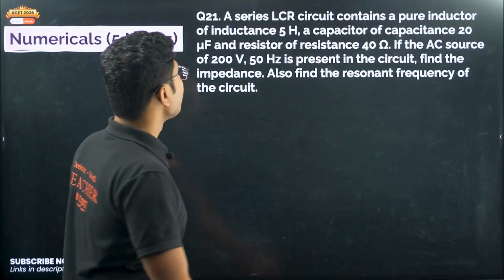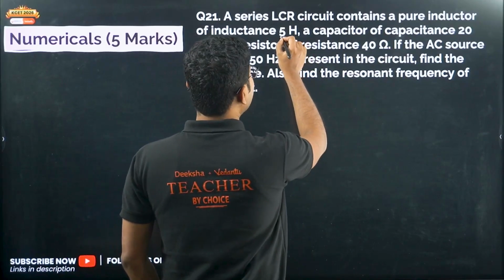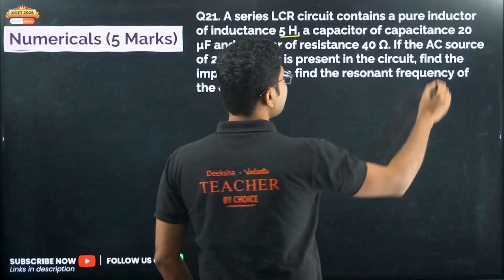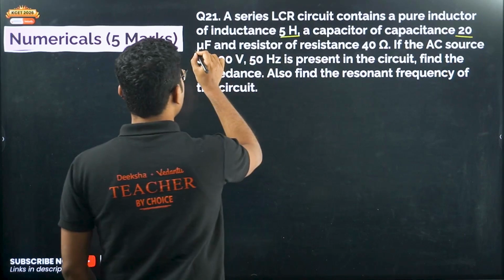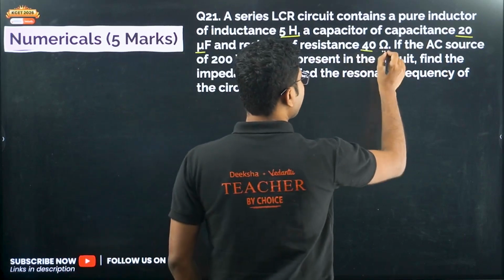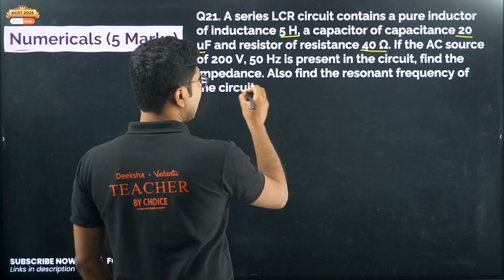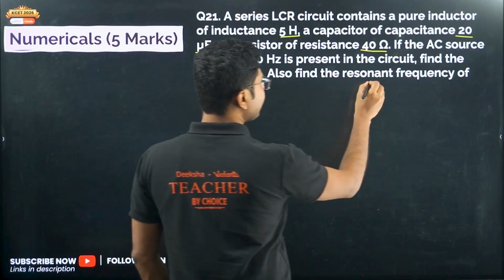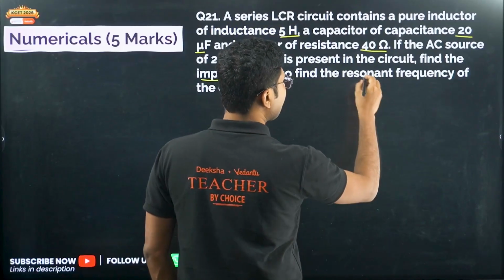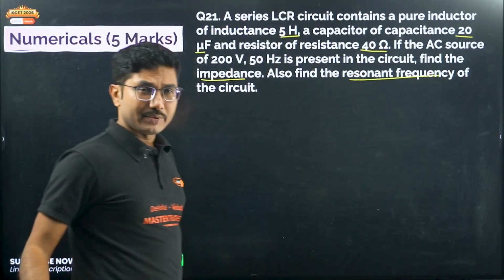Easy question. So first of all, what is given? Inductor 5 Henry, capacitance 20 microfarad, and resistance 40 ohm. So we have to calculate the impedance and the resonance frequency. Resonance frequency is easy to calculate. Simple formula, we have seen that formula.